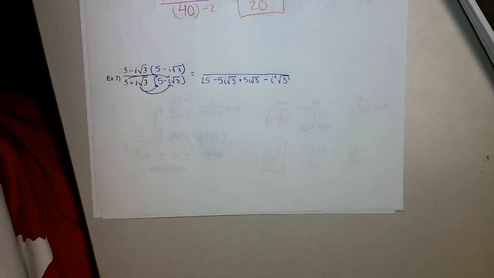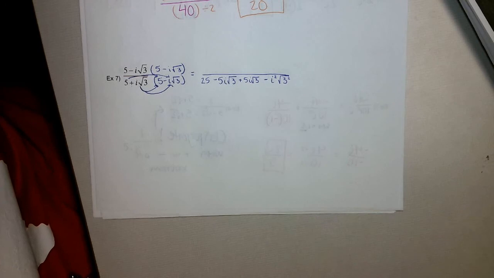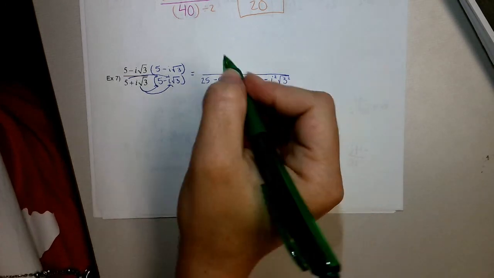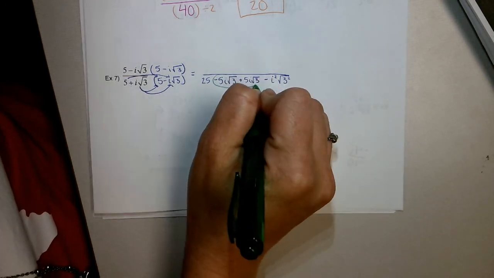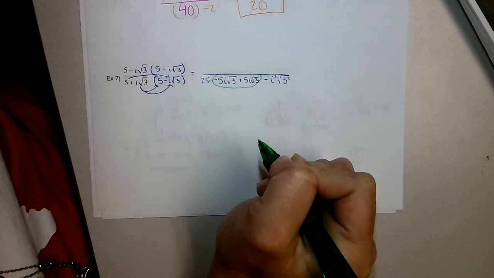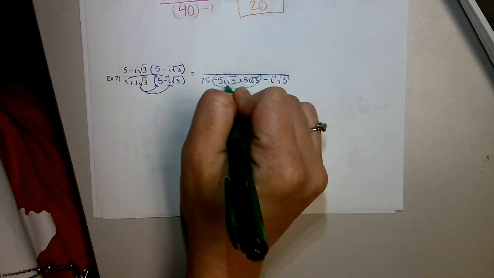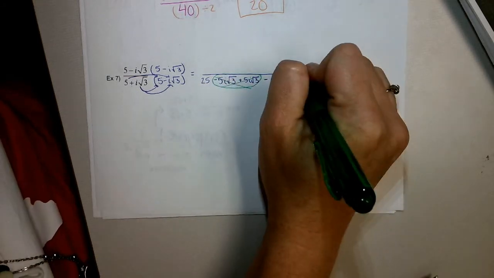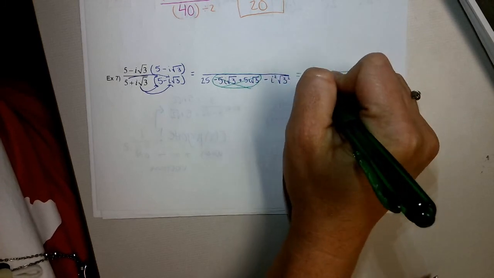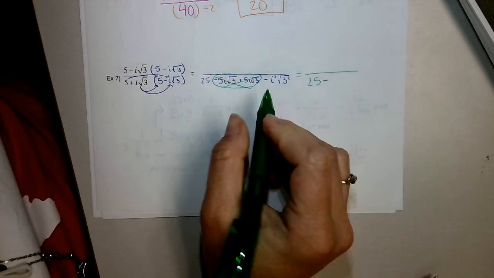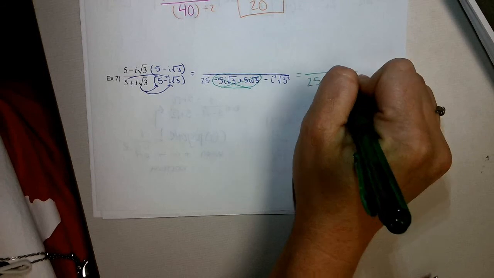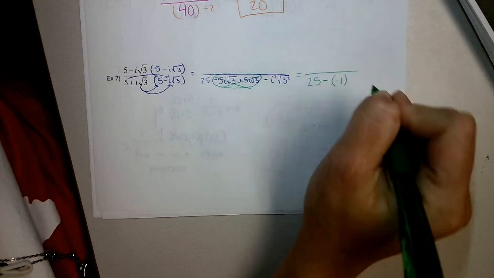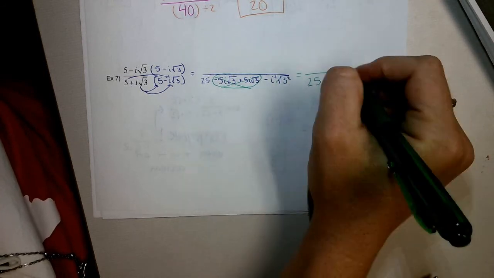So if we did it right, our middle two terms are like, and what do they do? Do they cancel? Yes. So we end up with 25 minus, because of this, what does I squared equal? Negative 1. And doesn't this square root cancel this squared, so we just have 3?